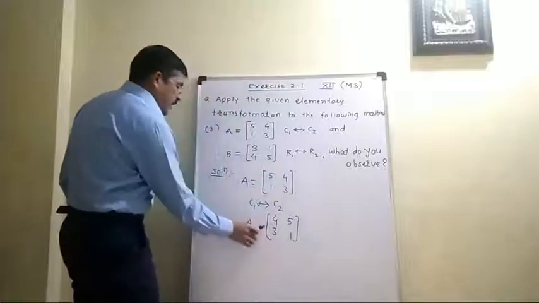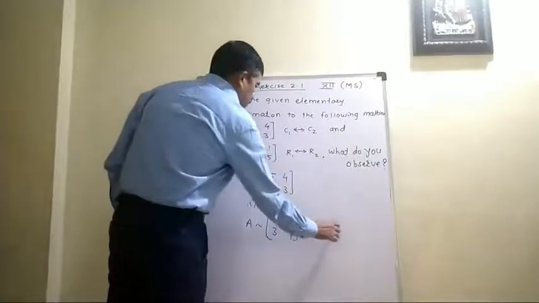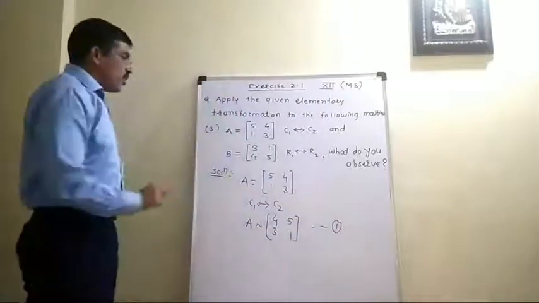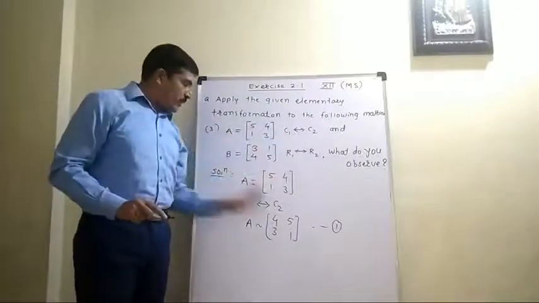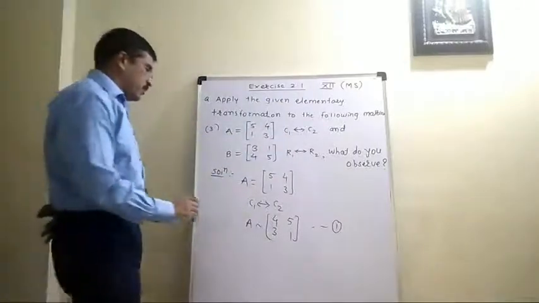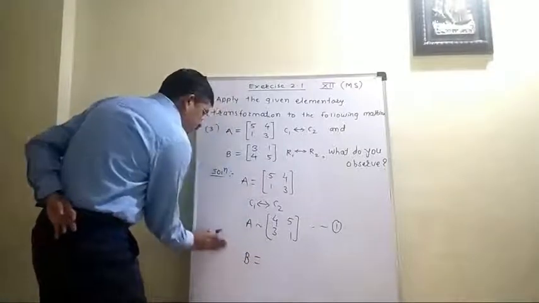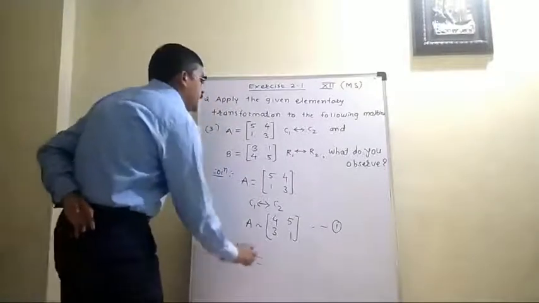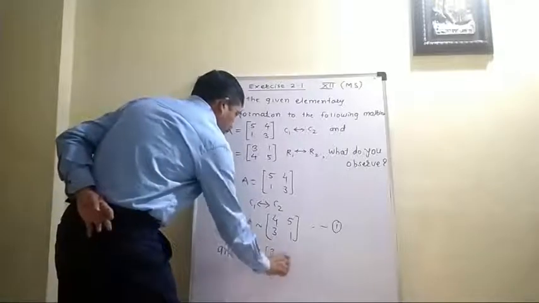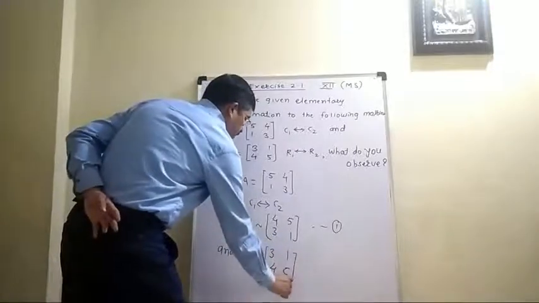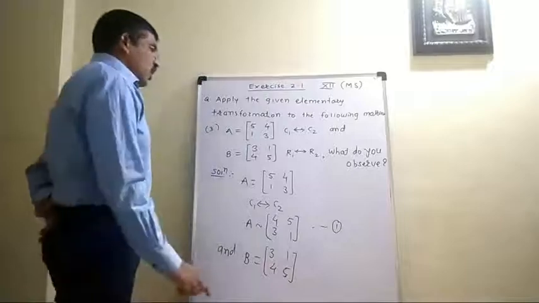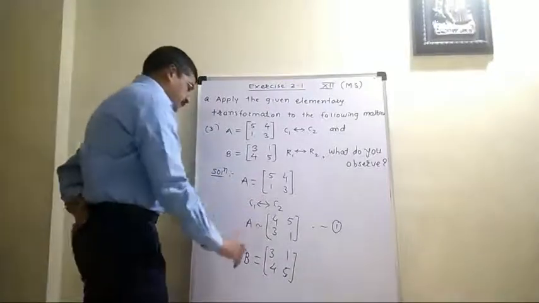It is equation number 1. It means the result after applying this operation is given in equation number 1. Now B is given to be [3 1; 4 5]. Now they have given us the operation to perform, R1 interchanging R2.